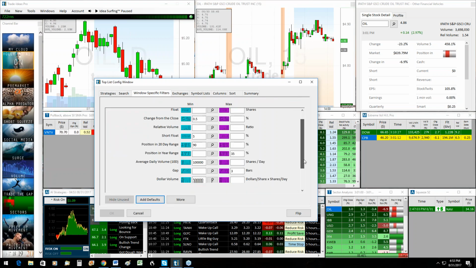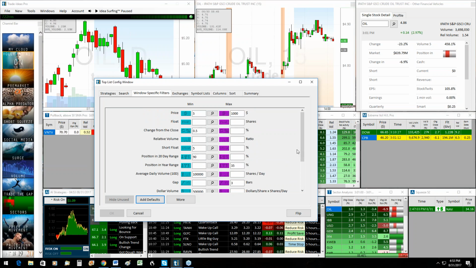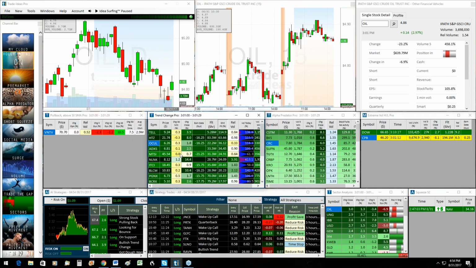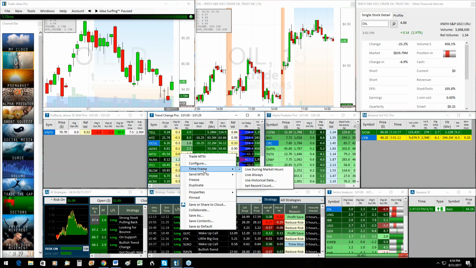Any stock has to meet every one of these filters, not just one, two, or three, every filter in the whole set, to come through the window. And a top list refreshes every 30 seconds. It's not going to do it now because these are set to live during market hours only.